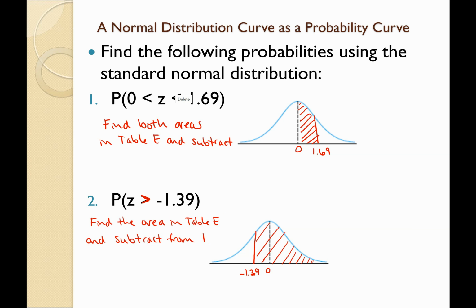That procedure table on page 316 and 317 in your book, you're more than welcome to use that as well. I really feel like it helps to draw the picture out. So don't let the probability notation throw you off. You're doing the same thing as if I were to just simply ask you to find the area. Because remember, these areas can also represent percents. They represent probabilities also. So finding that area is the same thing.